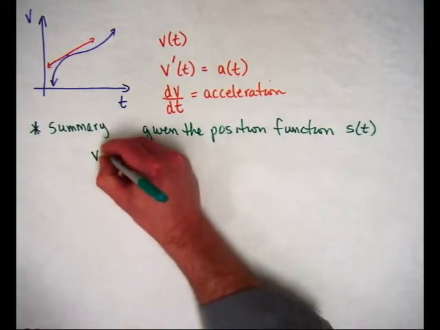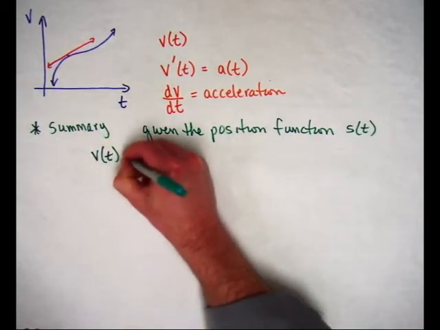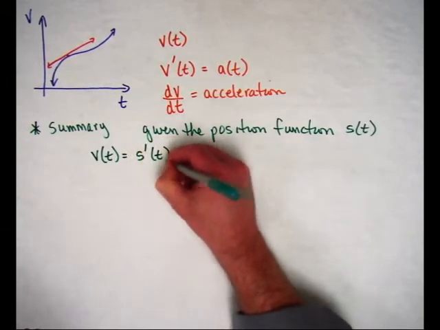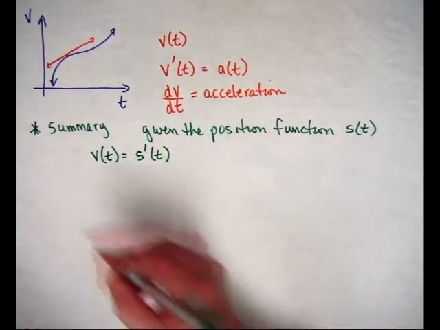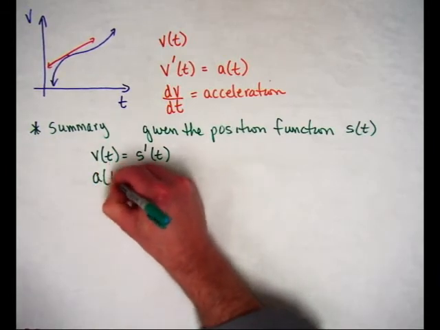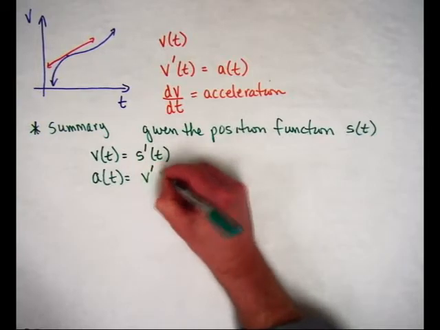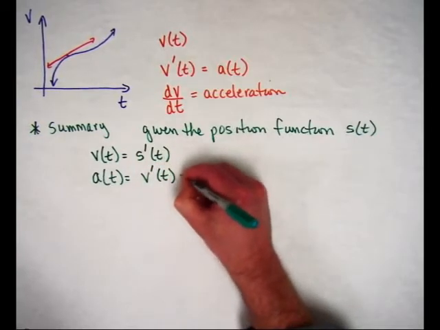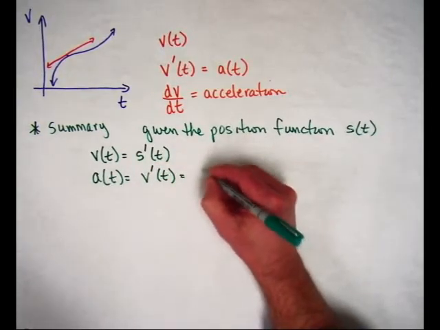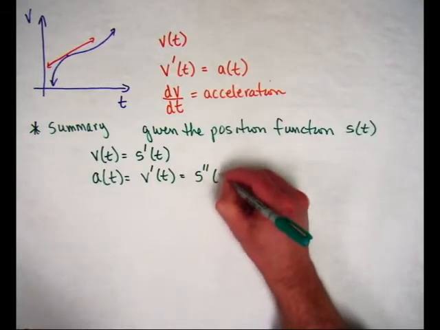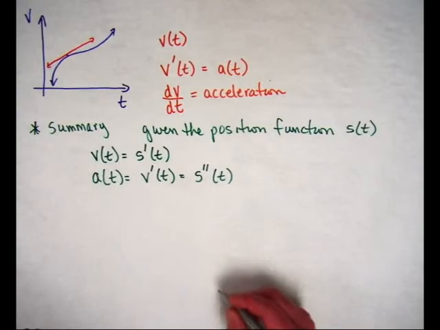So the velocity function v of t would just be s prime, or the derivative or rate of change of the position function. And the acceleration function a of t would just be the derivative of the velocity function v of t, or using a symbol we learned earlier, it'd be the same as if we took s double prime of t, the second derivative of the position function.